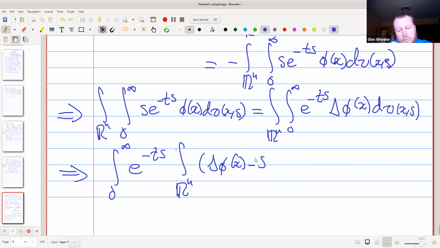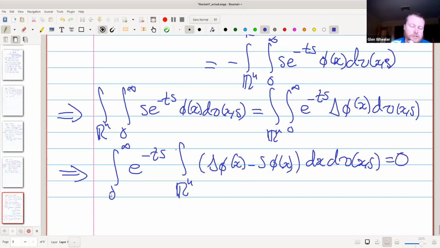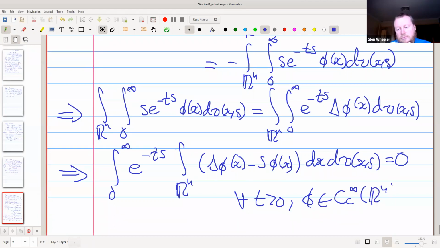So you see this operator Laplace minus s, which is somehow playing the role of the Laplacian, but for ancient solutions for the heat equation, at least on Rn. Now, this is 0. This is for all t bigger than 0 and phi smooth cutoff functions. Okay, that's our integral estimate.